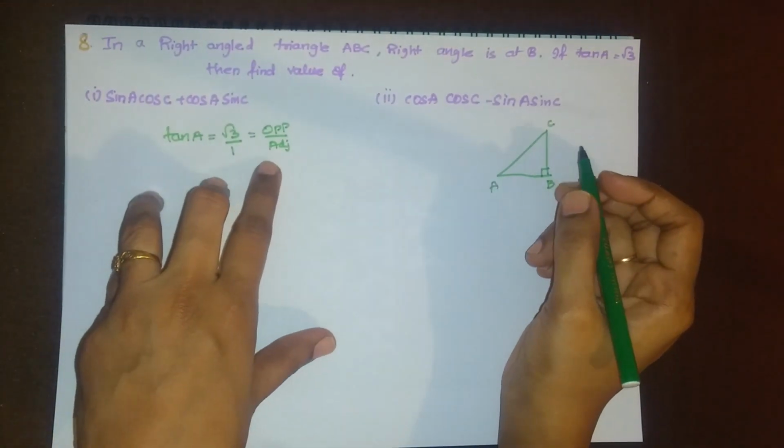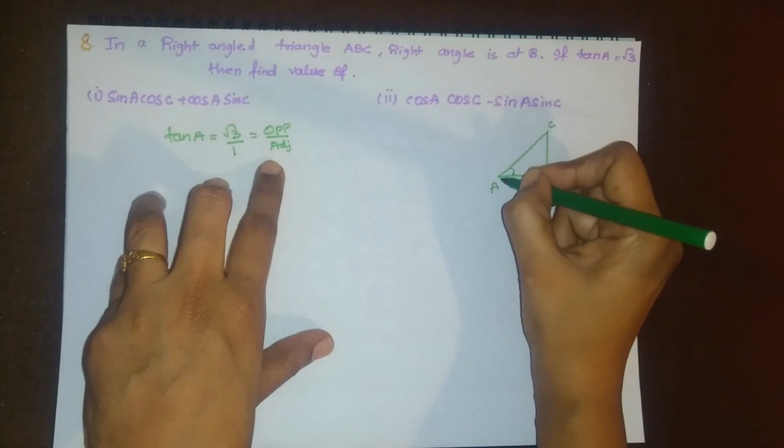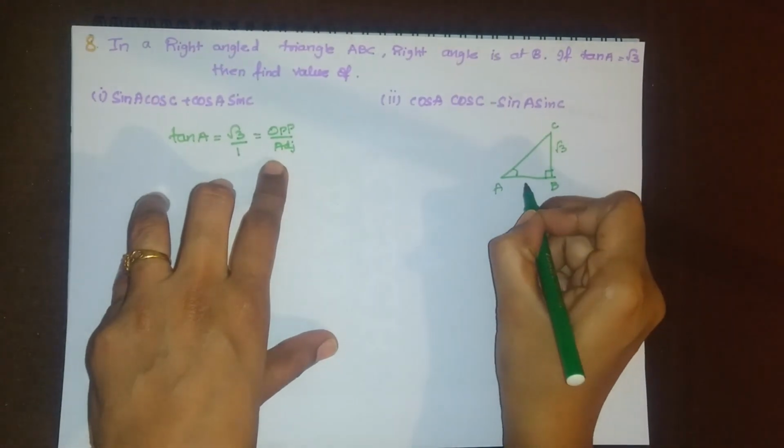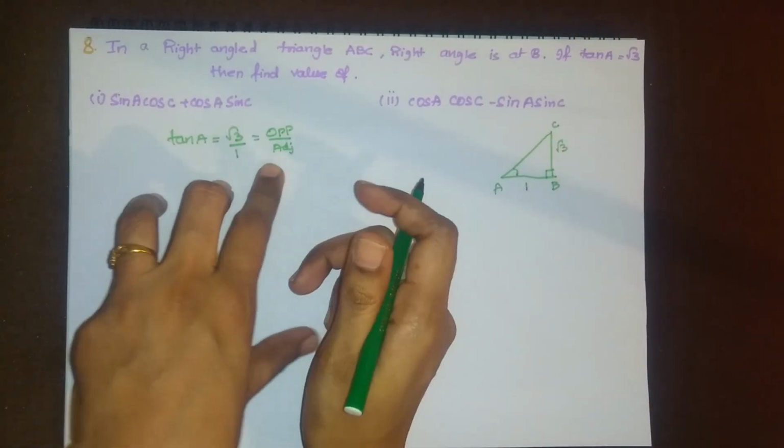Let's write it down in the diagram. Opposite to angle A is square root 3 and adjacent is 1. So we need this hypotenuse.